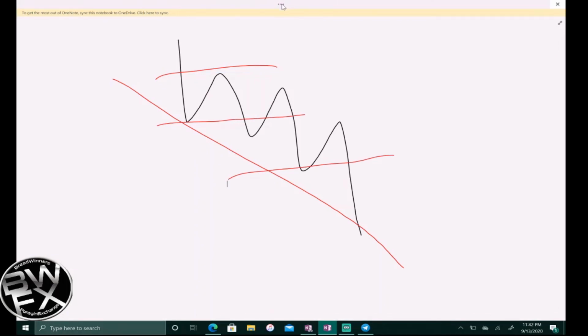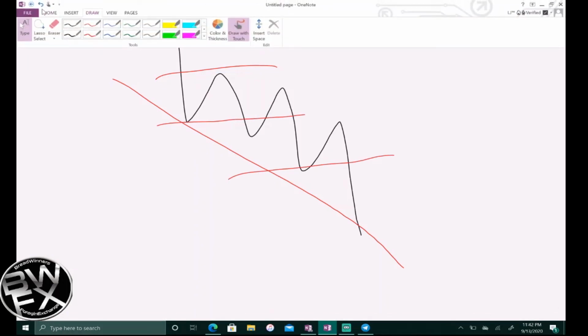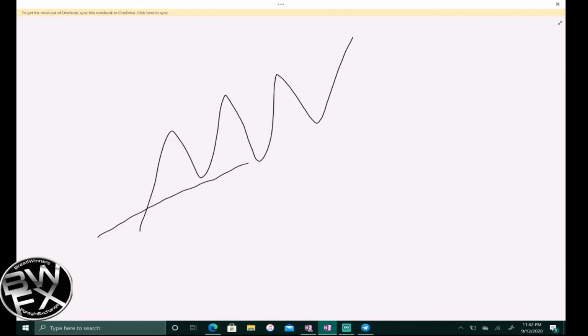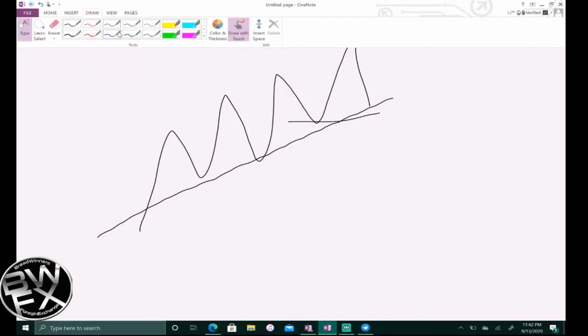First things first, you need to understand that concept of market structure. So we have a market moving up, which GBP NZD was doing for several weeks. Then we get back to this level. We're expecting it to bounce at this level, not break this trend line that we have drawn.